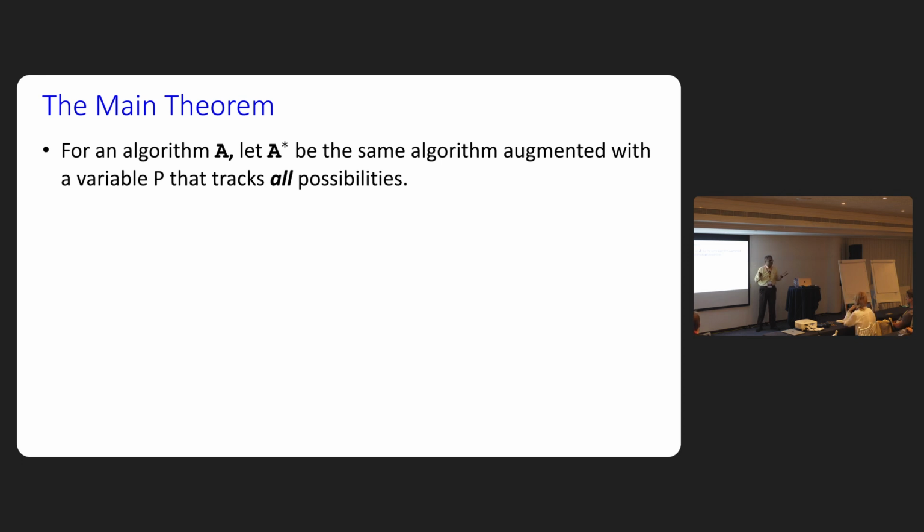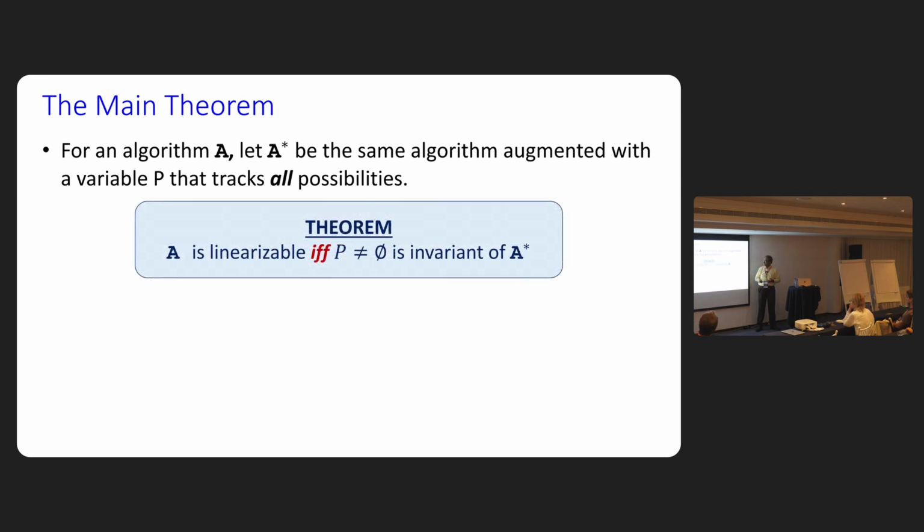Now, what is the connection between A and A star? Here is the connection theorem. A is linearizable if and only if the set is not equal to the empty set, meaning the set never becomes empty. That's an invariant of A star. So you are maintaining the set of possibilities, right?